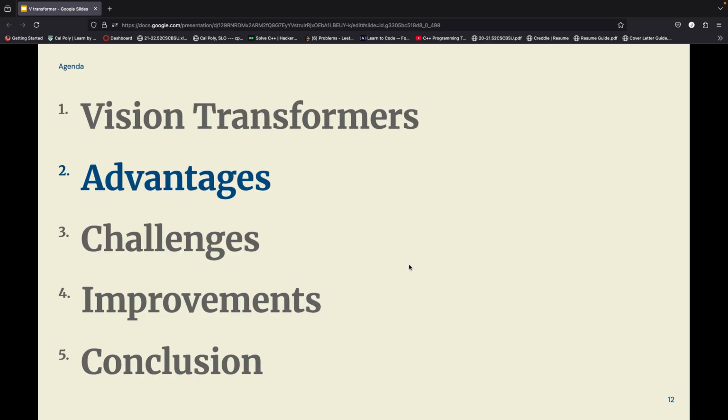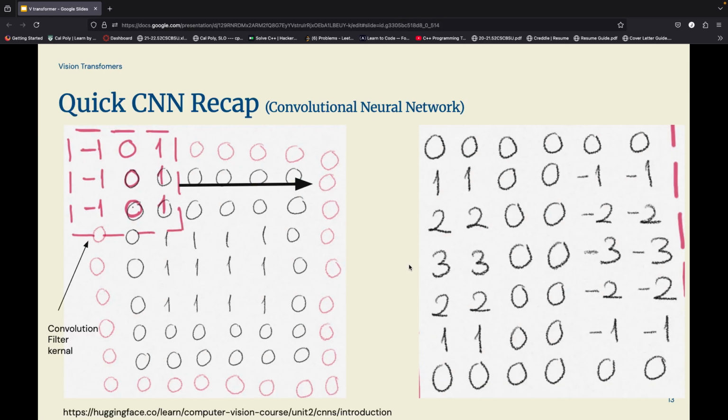So what are the advantages of transformers? To talk about the advantages of transformers, we have to talk about the perils of the current dominant architecture, which is CNNs. A quick recap of what a CNN is: you have these filters, these kernels or convolutions, that you slide across each image, and you do matrix math.